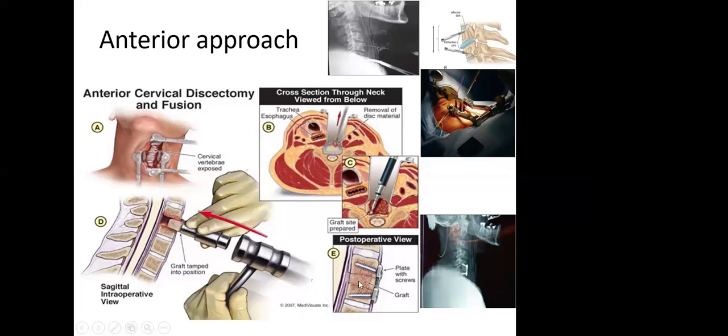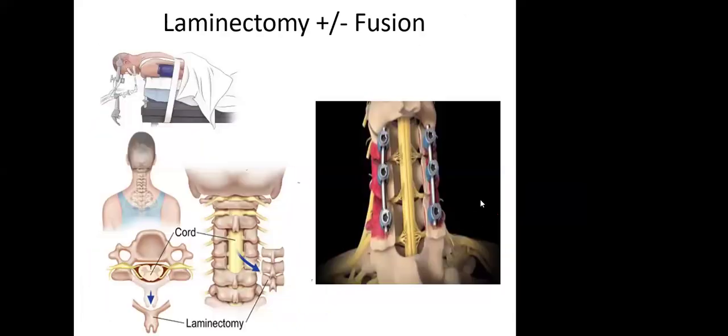After this is done, the appropriate plates and screws are applied, with the screw usually pointing superiorly and medially. At the end of the surgery, an intraoperative fluoroscopy is done to show proper positioning of the implant. So this is usually what is done for an anterior approach, classically for anterior cervical discectomy with fusion.